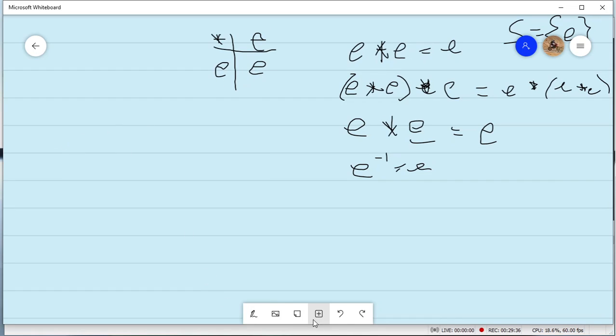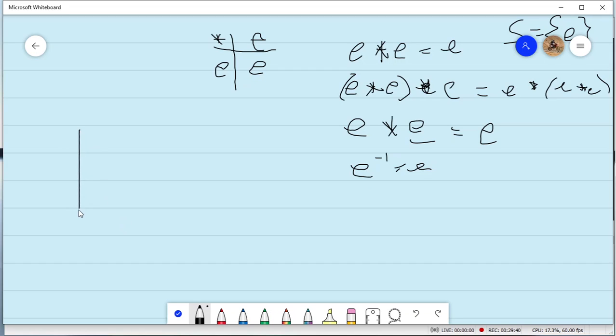For example, if we consider addition on the set containing only 0, 0 plus 0 is 0. So we have the same group table.